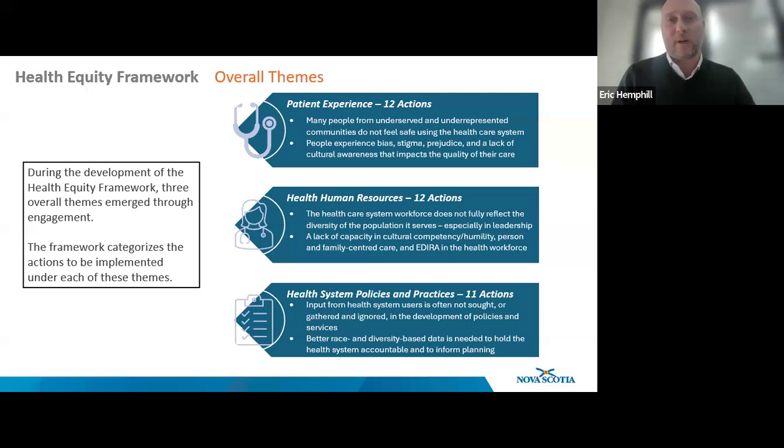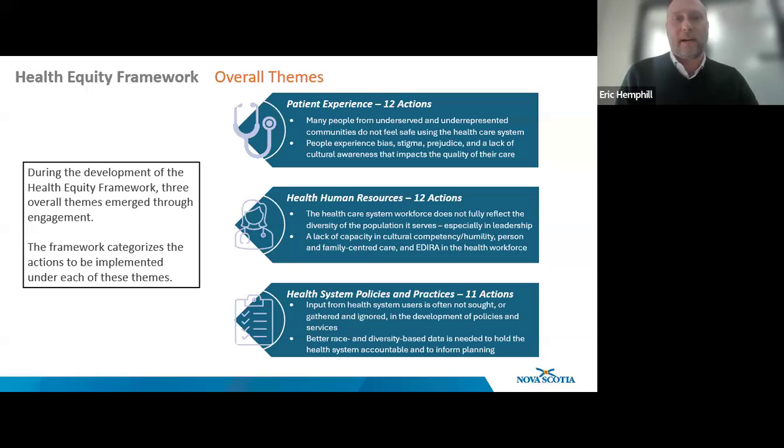And so, of course, there's a number of ways that we've identified to address that, as well as how the skills and capacity that folks have within our system, again, at all levels, to deliver culturally competent, humble, safe care that's focused on the patient and their family, and all those principles that underlie this work.